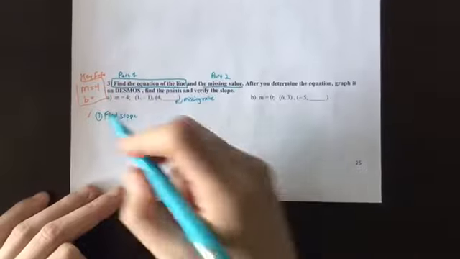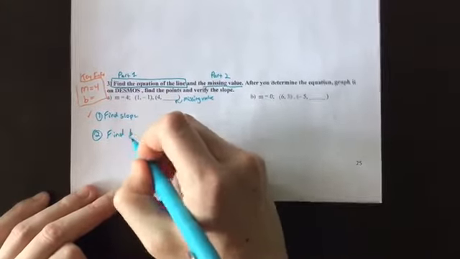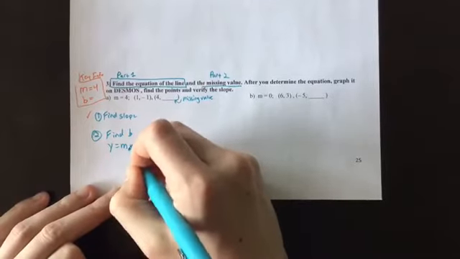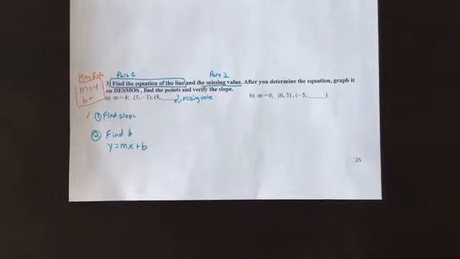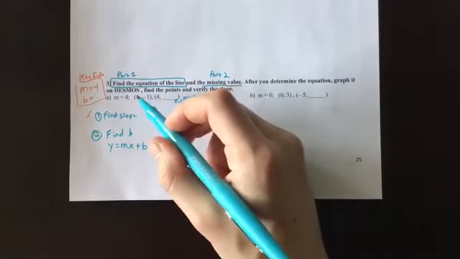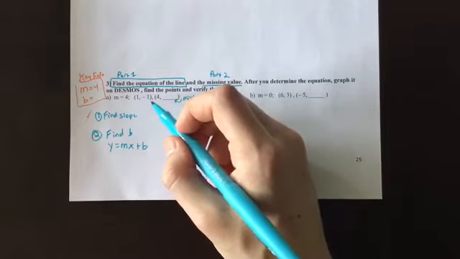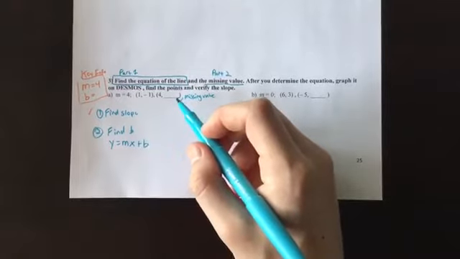Now I'm going to find my y-intercept. Remember, I'm substituting into y equals mx plus b. We know the slope, I can substitute that in. We need an x and a y. What ordered pair would I use? Would I use 1, -1, where I have both an x and a y? Or 4, blank, where there's a missing one?